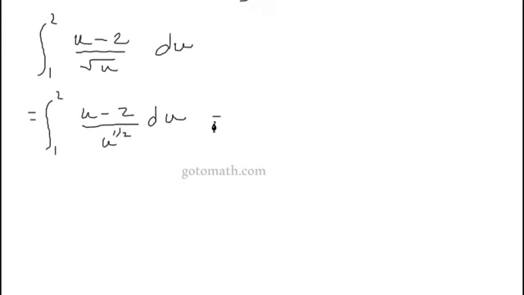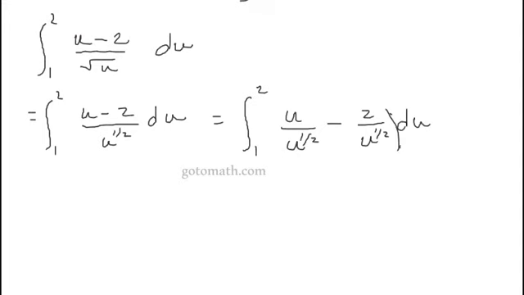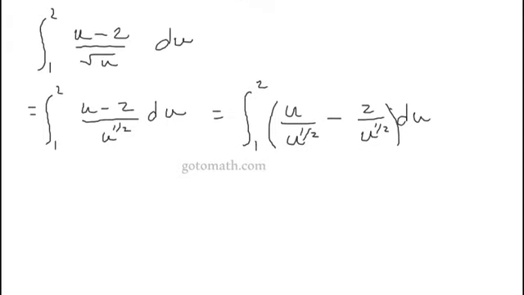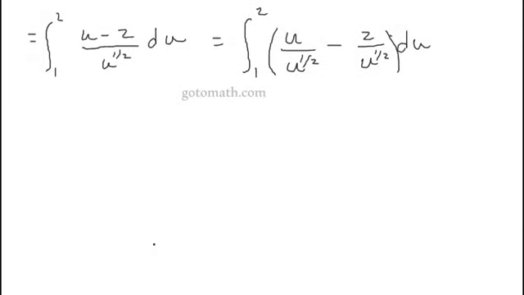And then what we're going to do, and I'll just write it over here to the side, we're going to break this up, u over u to the half minus 2 over u to the half du, and if you like, you could put a parentheses around all that. Sometimes it just makes it a whole lot clearer when you do those things.